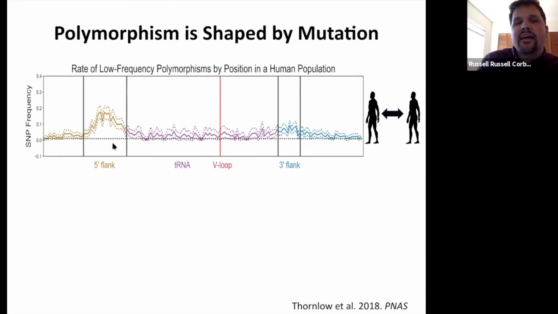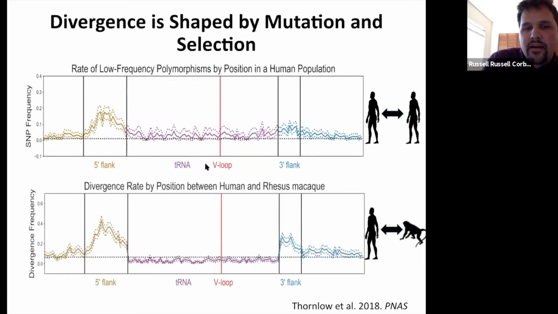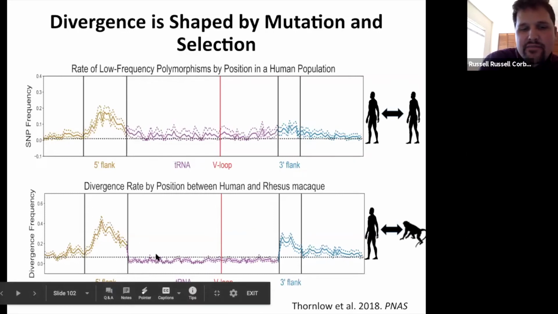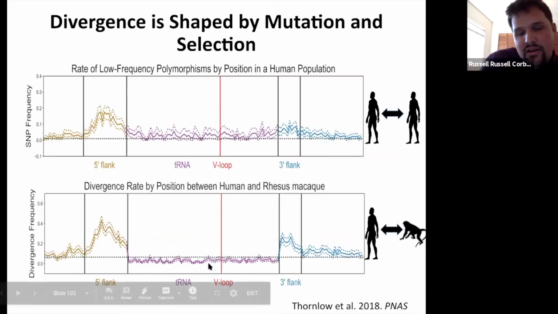So it looks like there's an excess of mutation. We see quite a lot more mutations within tRNA genes and at the flanking regions than we do in the genome-wide average. But if we then look at divergence, right? Divergence is shaped not only by the mutational processes, but also by natural selection, because for a mutation to go to fixation between species, it must be either not very deleterious or even good for you.